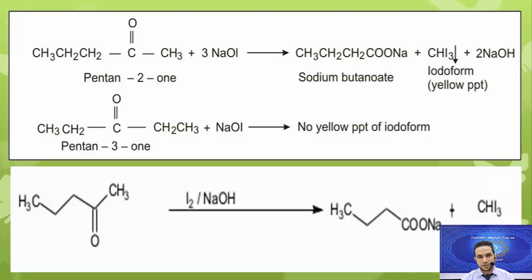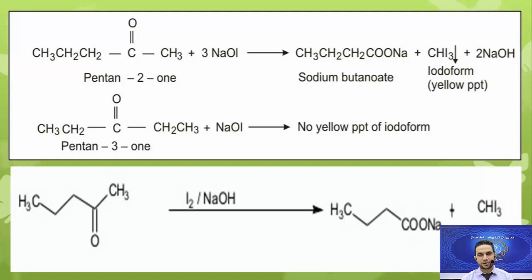Yes, on the right, it has CH3 bonded to C double bond O. But 3-pentanone, no. From right or from left, no CH3. You will see it contains CH3, CH2, no. I said we test the presence of methyl CH3 bonded to CO. In 3-pentanone, the second reaction, there is no methyl group on the right or on the left, so no yellow precipitate will be formed.